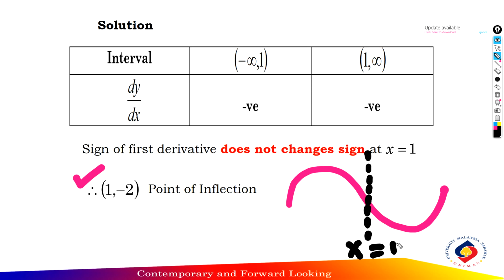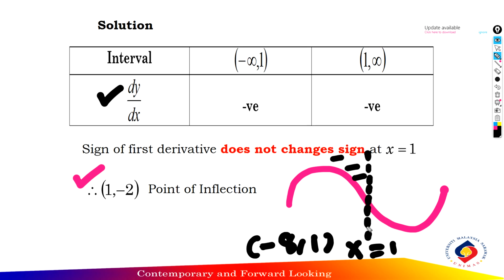If you draw the graph of the cubic function, for the first interval from the left, between negative infinity and x equals 1, you check the sign of the first derivative. The sign here is negative, negative, and negative, and the gradient of the tangent decreases between negative infinity and 1.